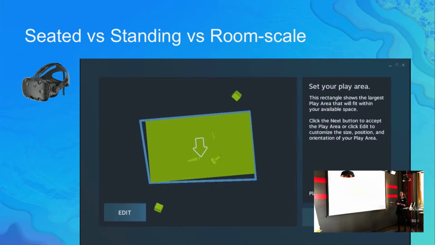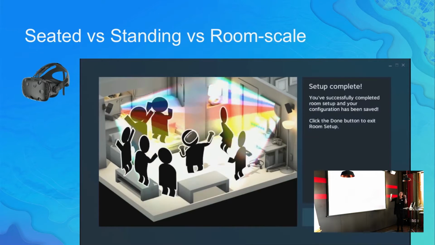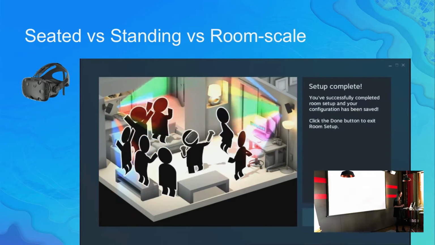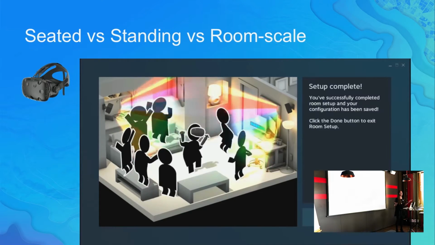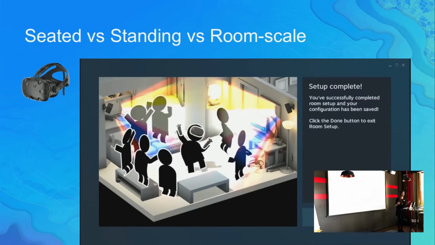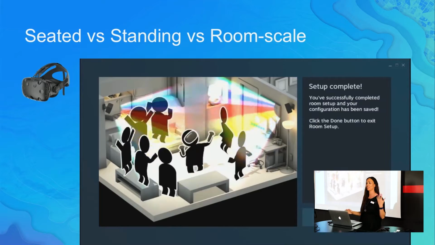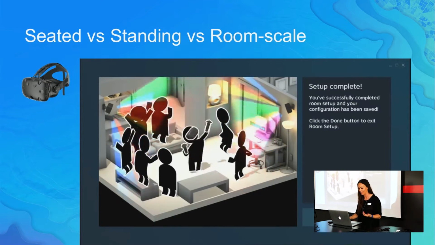And essentially once you've set your play area, then you're ready to go. And then obviously it's great, because you can move around within this space very freely. But it's just not so easy to get there at this point, right?